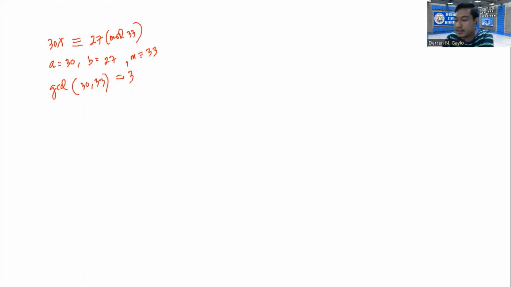So the GCD is 3. And will 3 divide 27? Yes, because 27 is equal to 3 times 9. Therefore, you have 3 solutions. Kana siya.